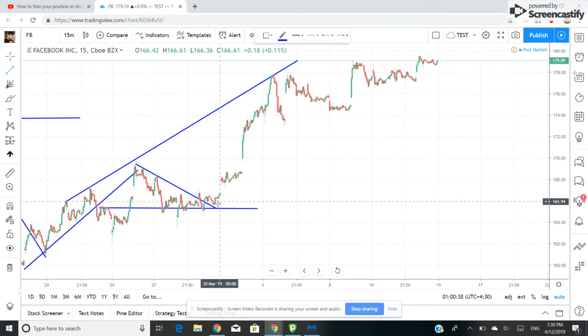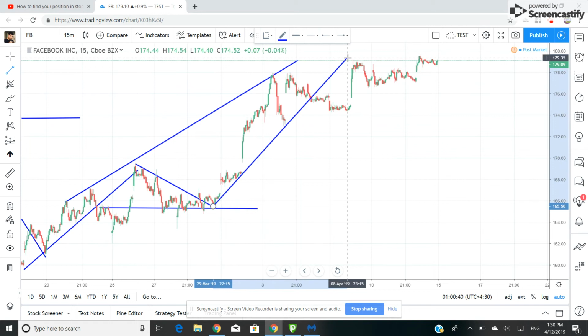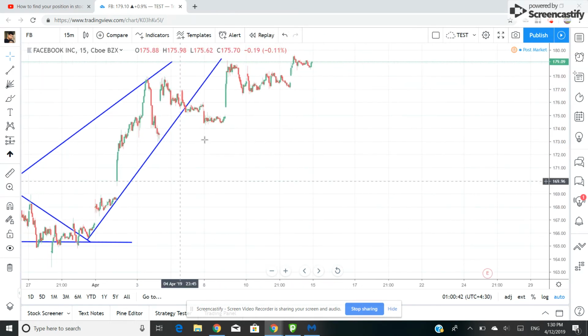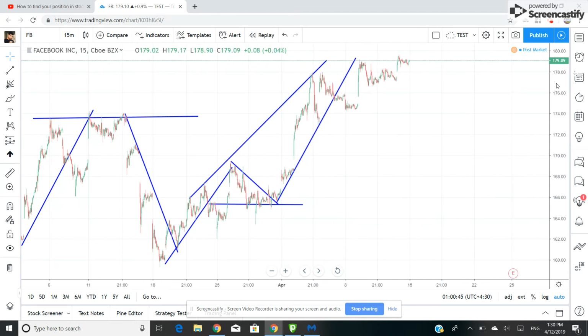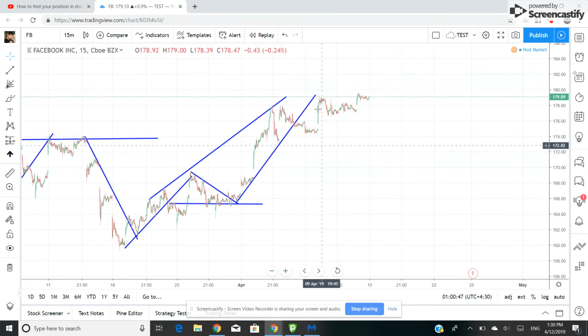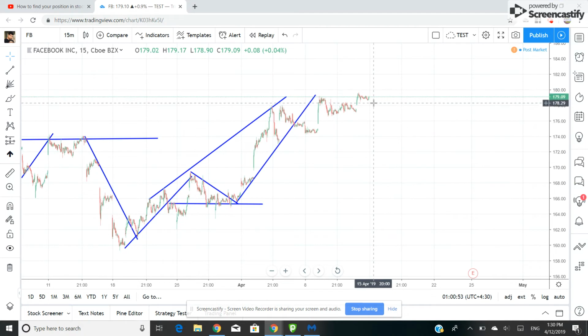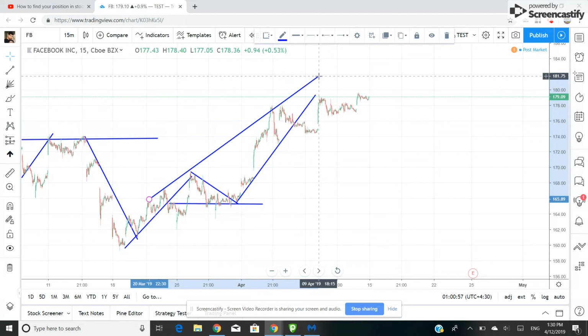The same way this can repeat multiple times. See, this is a breakout, double top here. Currently, we have a bearish sign with Facebook, but since Facebook is in a mood to gain, it can be pushed or pumped up without going against the trend line.